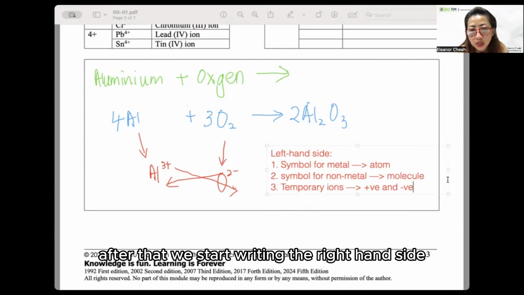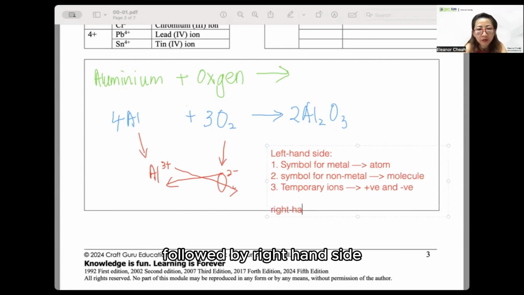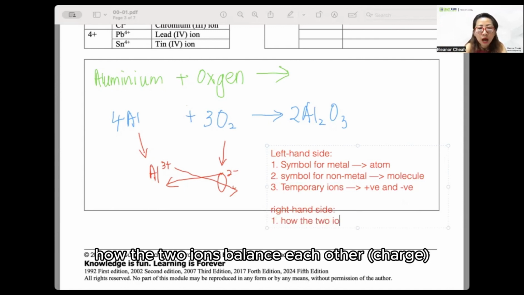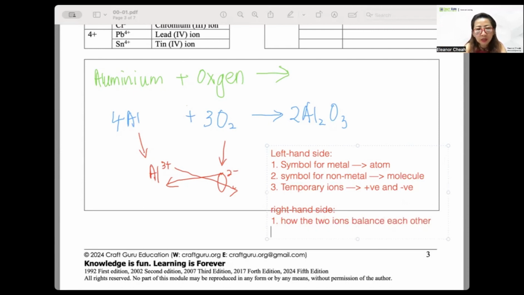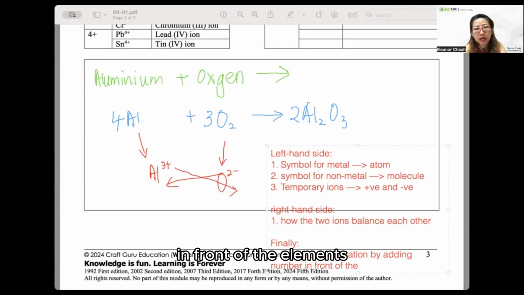After that, we start writing the right-hand side, showing how the 2 ions balance each other. Finally, we balance the equation by adding numbers in front of the element.